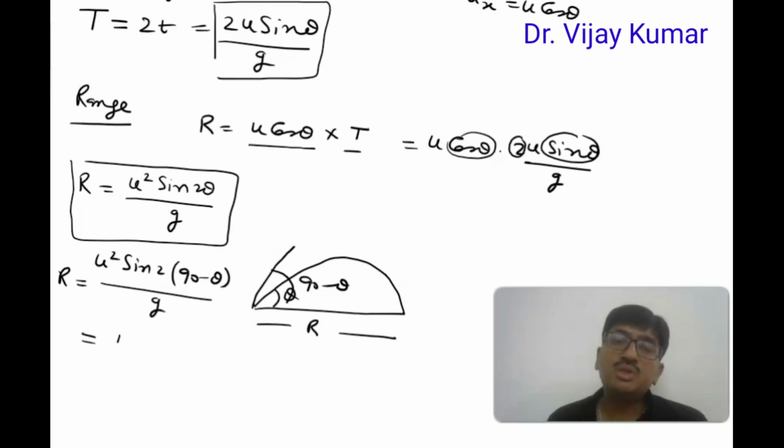So the range becomes u square sin of 180 minus 2 theta upon g.